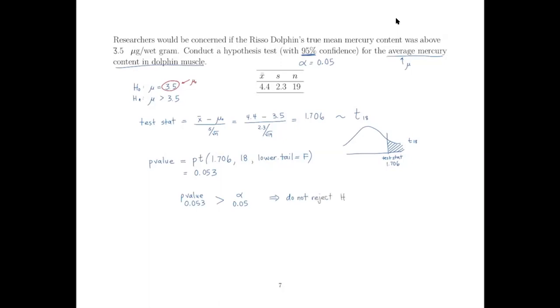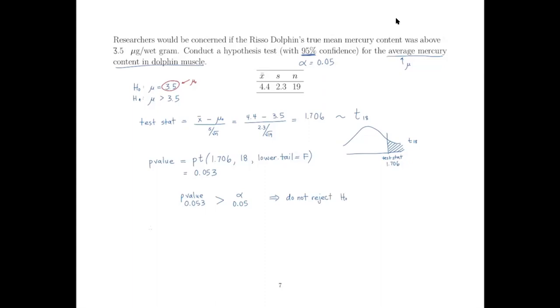I also want to reiterate that we either reject the null hypothesis or we do not reject it. I'm definitely not going to write here that I accept the null hypothesis. All this says is that we haven't been able to gather enough evidence to say that the alternative hypothesis is true. So we do not reject H naught.